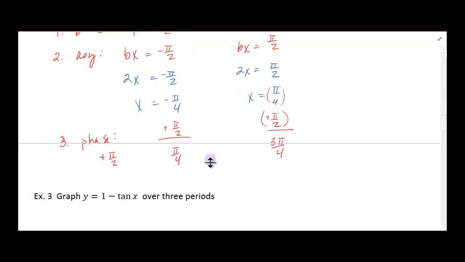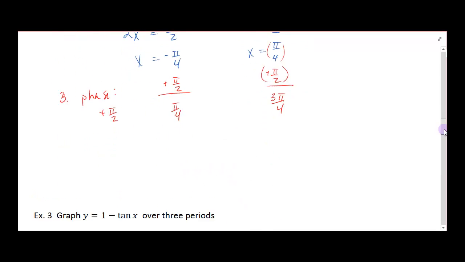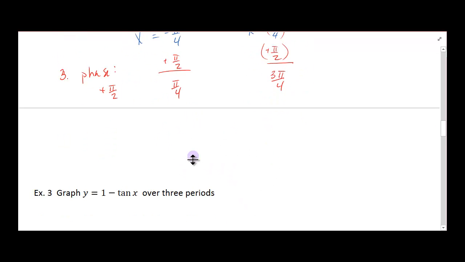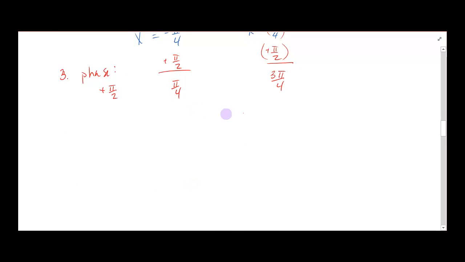So what do I have going on here? Now let me get it to where I can see this. I have one complete picture occurring between pi over 4 and 3 pi over 4. Again, on this particular function, I had not an amplitude, but I knew that a was equal to 1, so that I can mark that along the y-axis. So let me go in and divide up my graph.